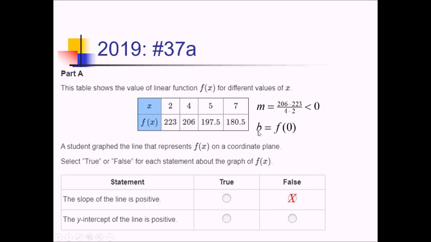We can say then that the y-intercept, which is just really f of 0, is going to be greater than 223, because as you move to the left, your numbers are actually getting bigger. Now, the important piece here is that if it's bigger than 223, it's bigger than 0. It's positive. So in answer to, is the y-intercept positive? Yes, it is. That is a true statement.